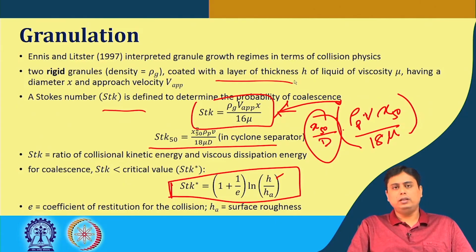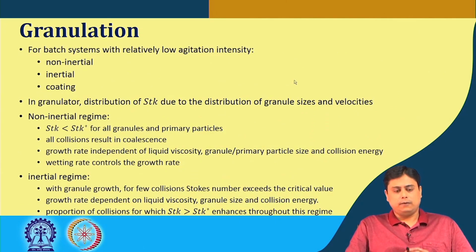Now, based on this hypothesis, for a batch system with relatively low agitation intensity, 3 different regimes have been identified. One is the non-inertial, the inertial and the coating regimes. Now, in a granulator, due to the distribution of granule sizes and velocities as well as the primary particle size variations, there is a distribution of Stokes number.